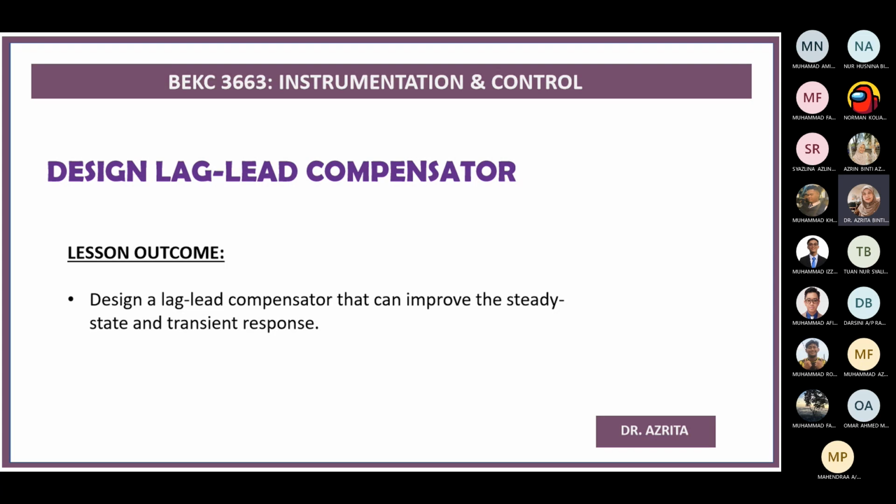If you remember, to improve the steady state, basically we will use the lag compensator, and to improve the transient, we will use the lead compensator.